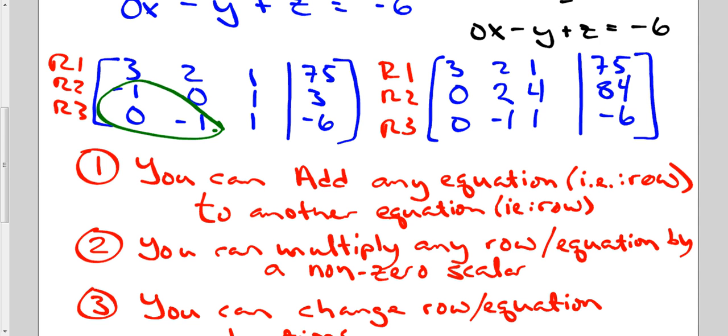Second strategy, make this a 1 if it's not already a 1. Third strategy, make these 3 things 0. And your last strategy, make those 1s. Okay? If you organize your activities in that manner, it's a pretty easy process. It's just a lot of arithmetic and a lot of accounting of that arithmetic. Okay? That's it.